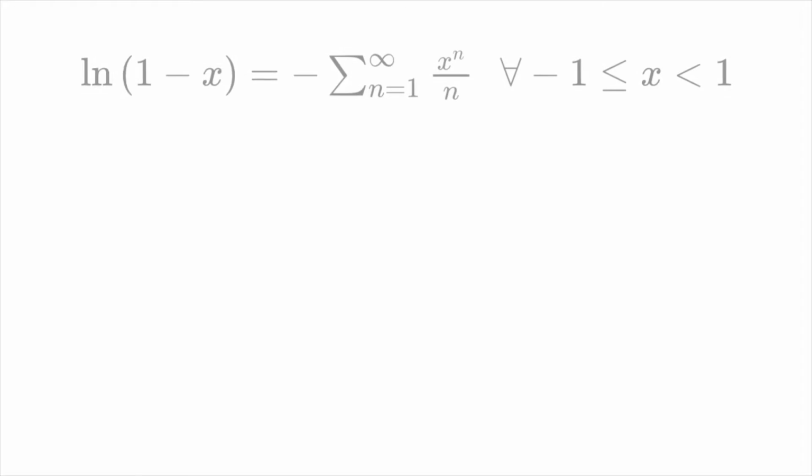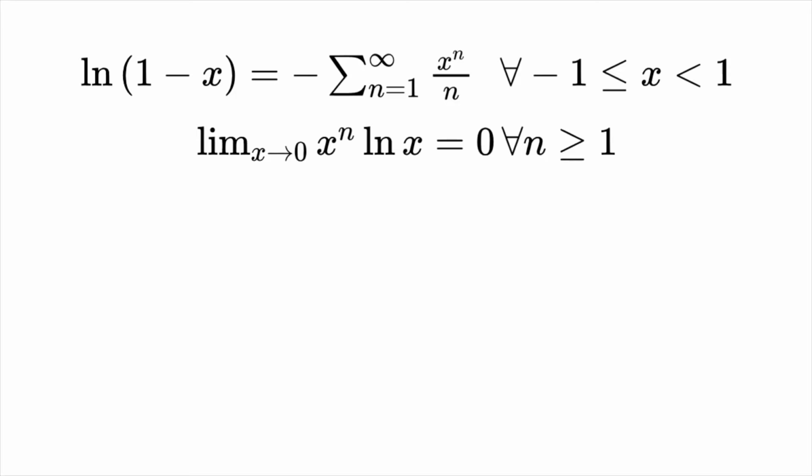Before starting the solution, I am giving some hints for you. The first hint is that ln of 1 minus x is equal to minus the summation n from 1 to infinity of x to the power n divided by n, for all x greater than or equal to minus 1 but less than 1.